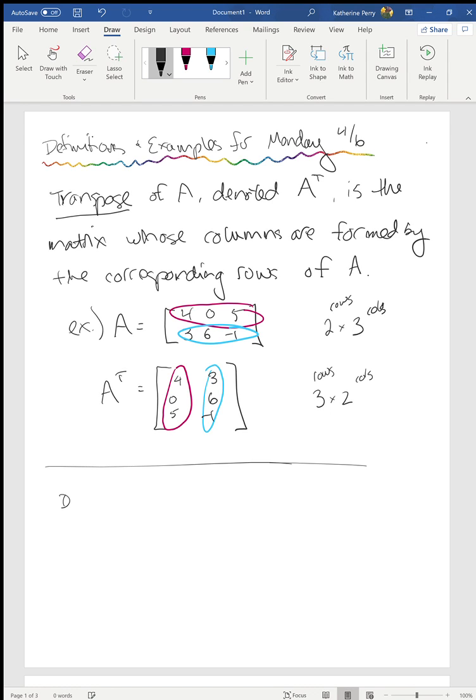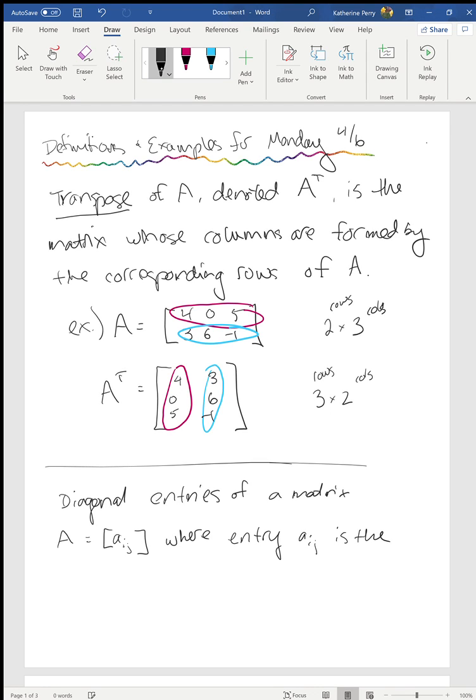So first, the diagonal entries of a matrix, let's say A, and I'm going to let A be represented by this, where entry Aij is the entry in the ith row and jth column.